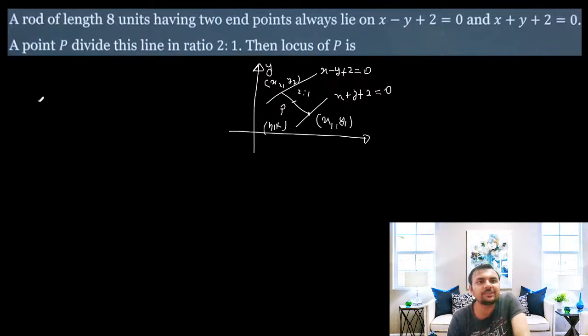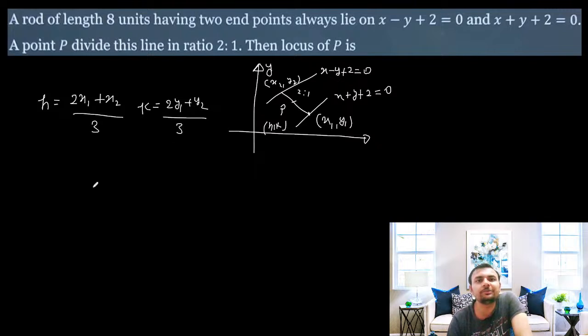So can we say that h is equal to 2x1 plus x2 by 3, k equal to 2y1 plus y2 by 3.